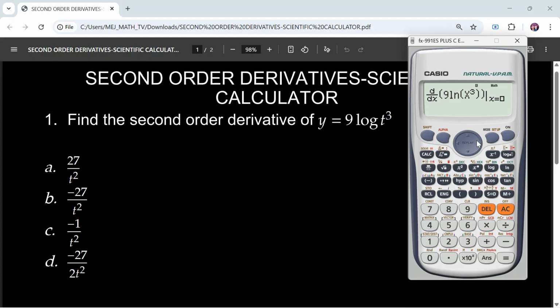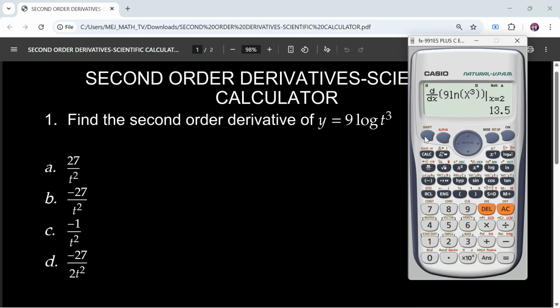Once again, this only applies to logarithmic functions. When you have a log, you change it to what? A ln. Otherwise, you won't get the correct answer. And so we are going to have it evaluated at the point 2, since we've still stored x as 2. And then we press equal to, and we are having 13.5.